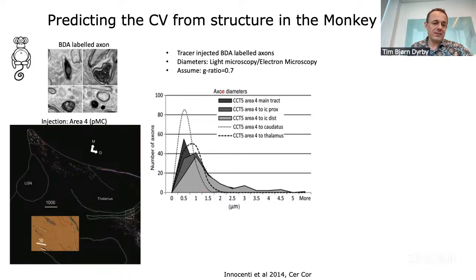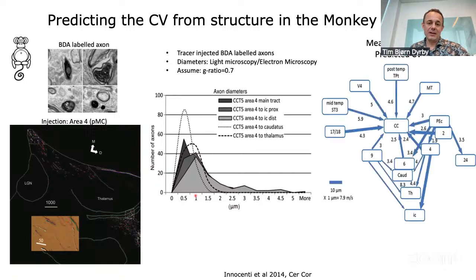When you have these axon diameters at the different positions in the brain along the pathways, then you can make this prediction map of the conduction velocity. And all these are injection sites, different regions in the brain. And we can see here, this is corpus callosum. So if you measure the axon diameter in corpus callosum, for example, from the motor areas here, area 2 or 4, or the prefrontal regions here, they all project through corpus callosum.